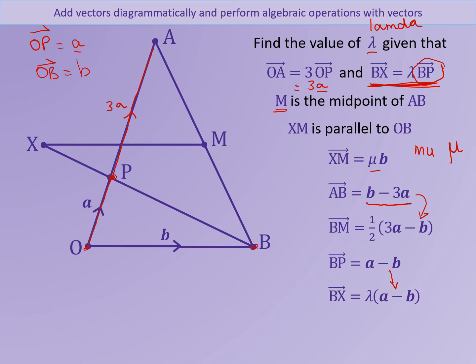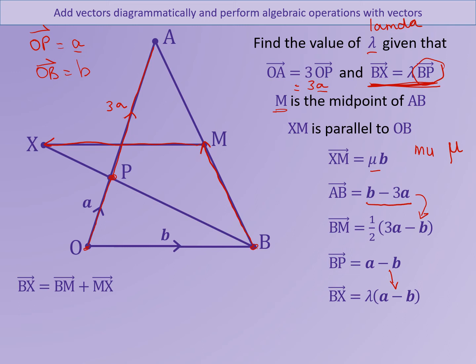So let's take a look at another way of looking at this, and then we'll piece everything together. So looking at the vector BX, we can work out BX by going along BM and then adding MX. So we're going across this vector and then along here.